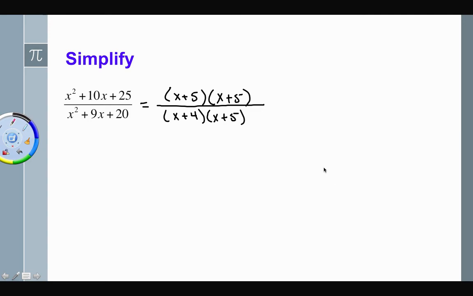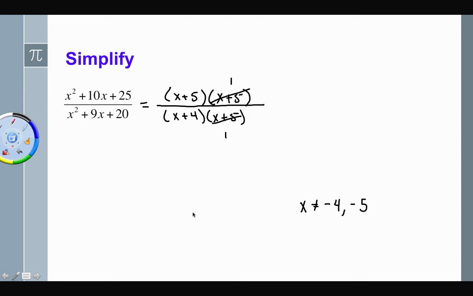Right in here, I'm going to make a note that says x cannot be negative 4 because it makes the left one 0, and it can't be negative 5 because it makes the other one 0. Now I look at the top and the bottom. I've factored the numerator and I've factored the denominator. I'm going to cancel anything that is common.